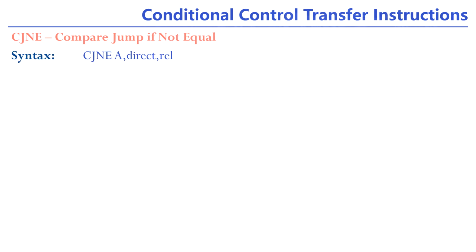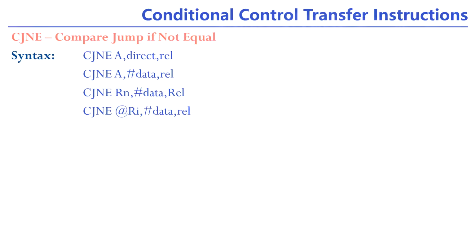Then the CJNE instruction, compare and jump if not equal. The syntax is CJNE A, direct, relative address. CJNE A, #data, relative address. CJNE Rn, #data, relative address.